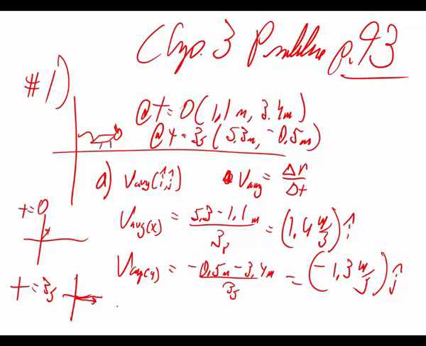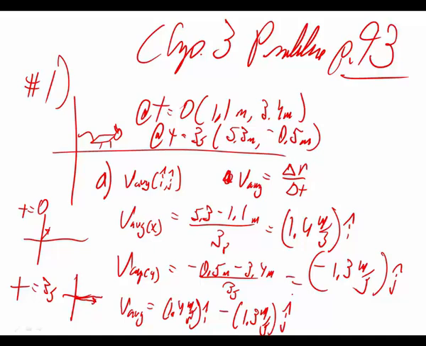So the average velocity is 1.4 meters per second I minus 1.3 meters per second J. There's your components.